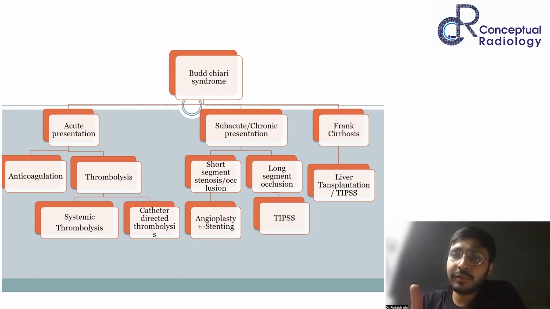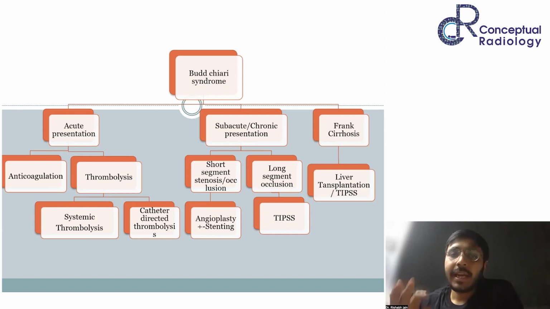You'll also see this in stroke, in pulmonary embolism, in acute DVTs, as well as in acute limb ischemia. The concept is simple: you go into the affected artery, or the affected vein in this case, give a small amount of TPA, and the remaining amount you give as a slow infusion via the thrombolysis catheter.